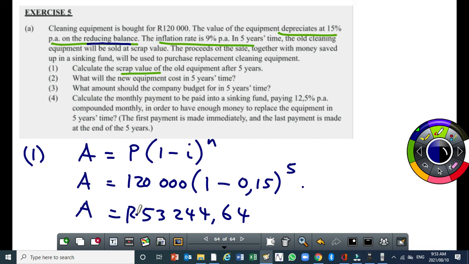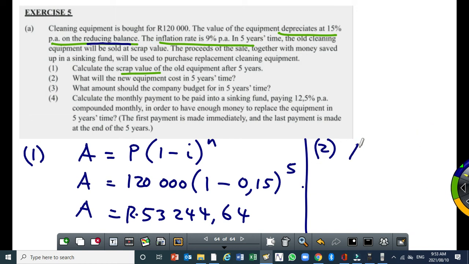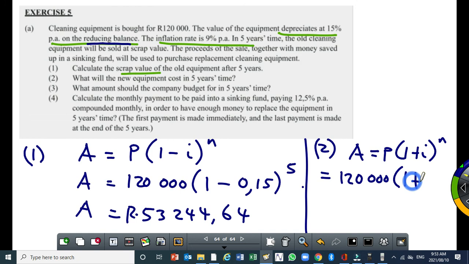Then number 2 says, what will the new equipment cost in 5 years' time? Now, in this case, we use the appreciation formula. A equal to P times 1 plus I raised to the power of n. Right? P is 120,000, but now we have to use the inflation rate.